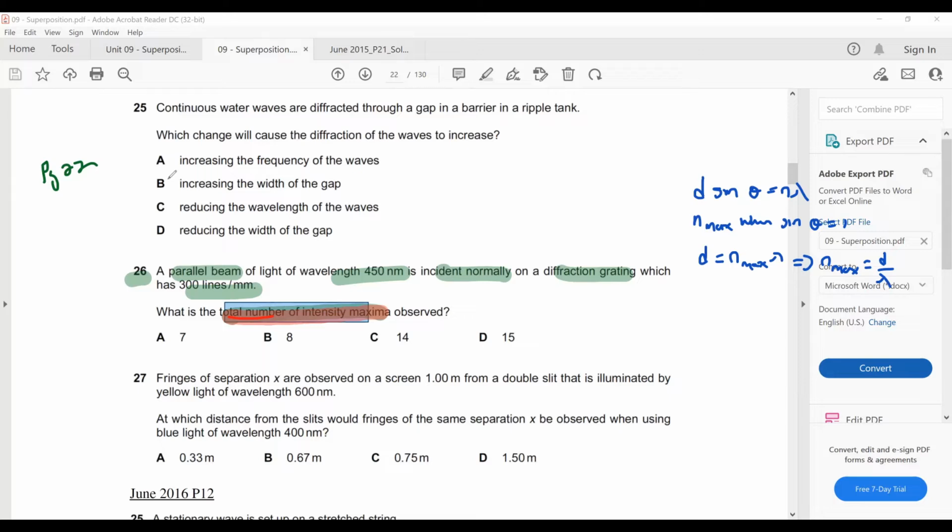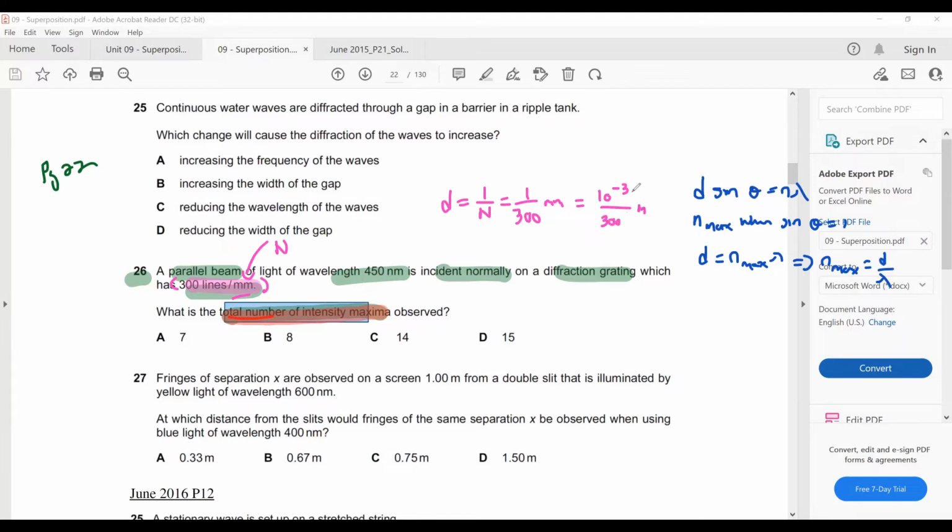Now this value that you have here, 300 lines per millimeter, is not d, it is n, and this is in millimeter. So if you want d, d will be 1 over 300, but it's in millimeter because 1 millimeter divided by 300 lines. You want to change it to meter, so it'll be 10 power minus 3 over 300.